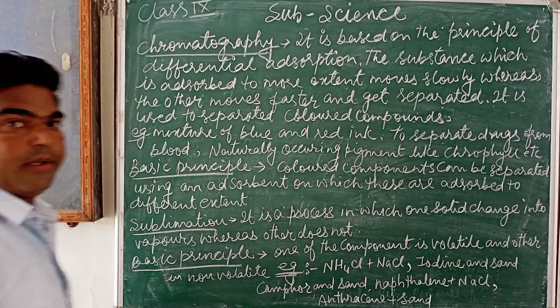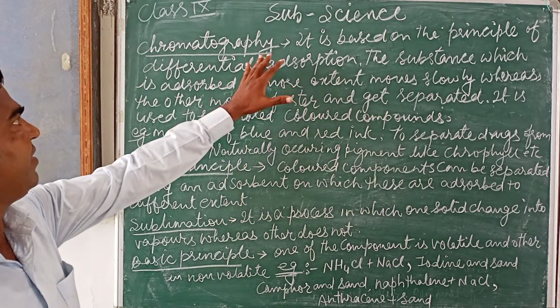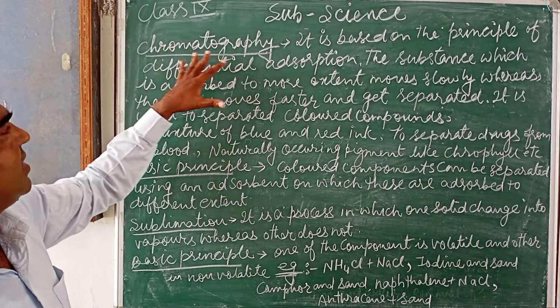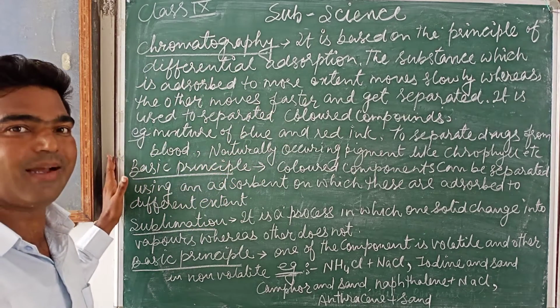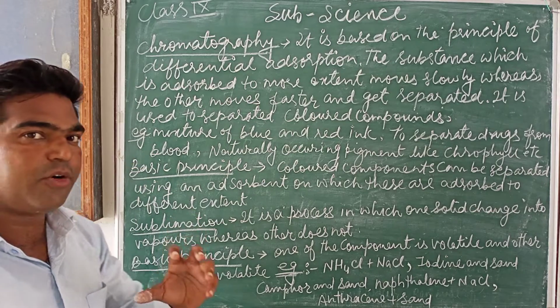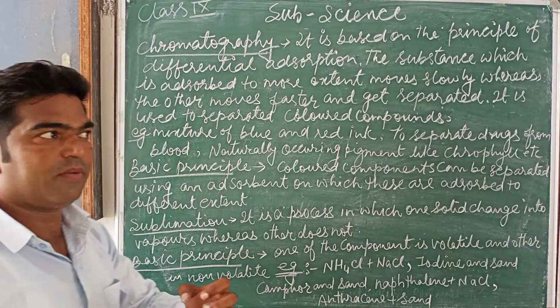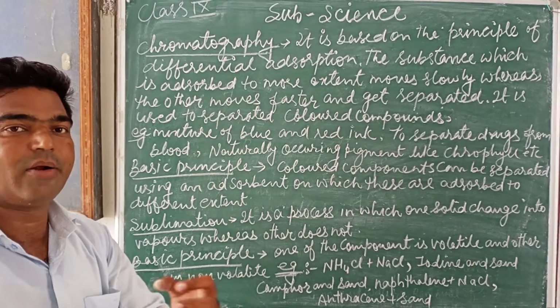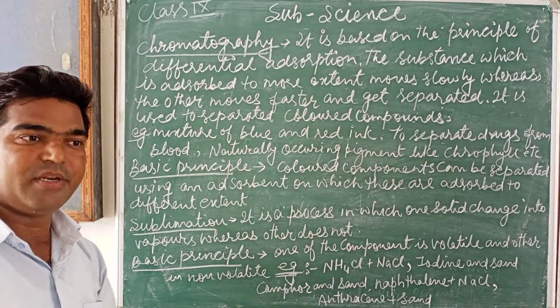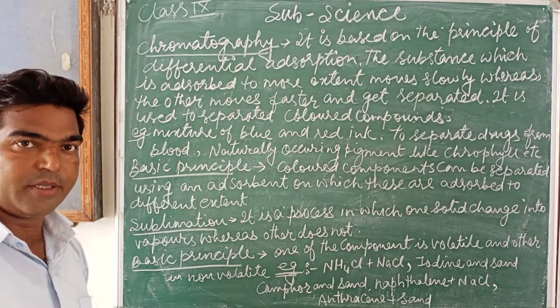So now the next process is chromatography. This word comes from the Greek chroma, which means color. It means we can separate the different color particles or colors of material or a dye from a given mixture.